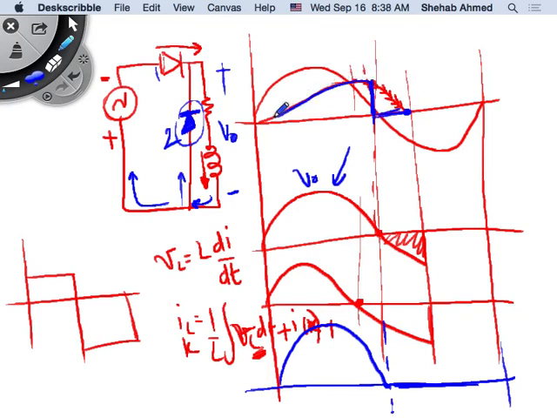Until here, in this portion, diode 1 was on. Do you agree? And in this portion, diode 2 was on. Do you agree? So what is the shape of the source current, I_S?